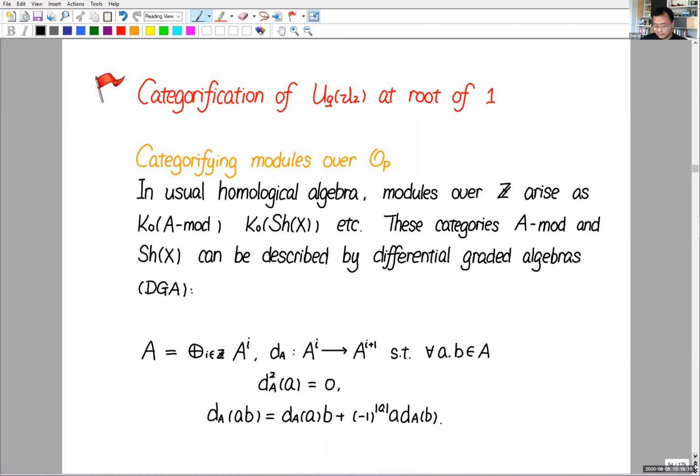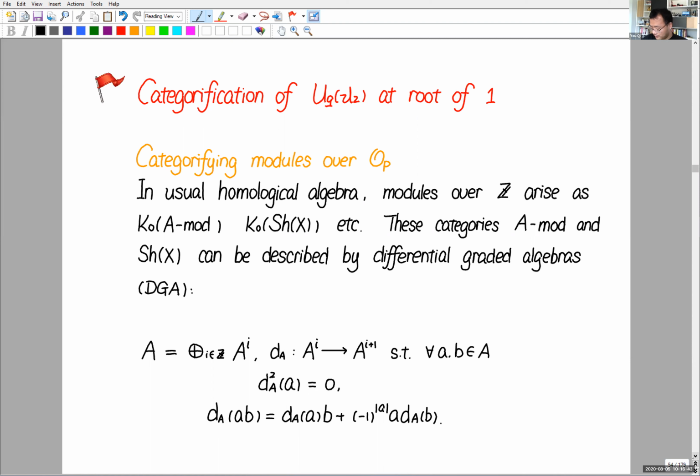And secondly, it satisfies the super Leibniz rule because d_A acts by derivation on this algebra. So in other words, a differential graded algebra is nothing but an algebra object in the homotopy category of chain complexes.